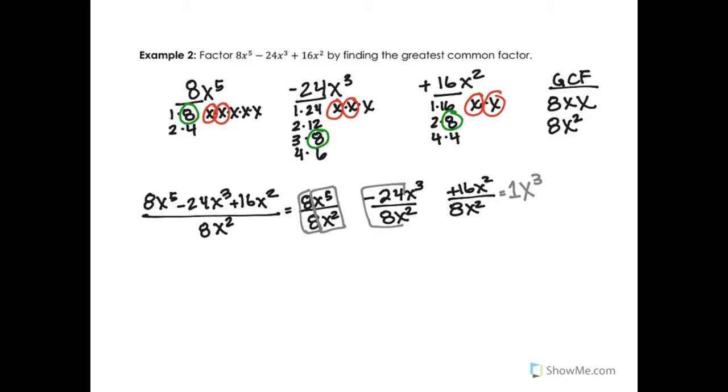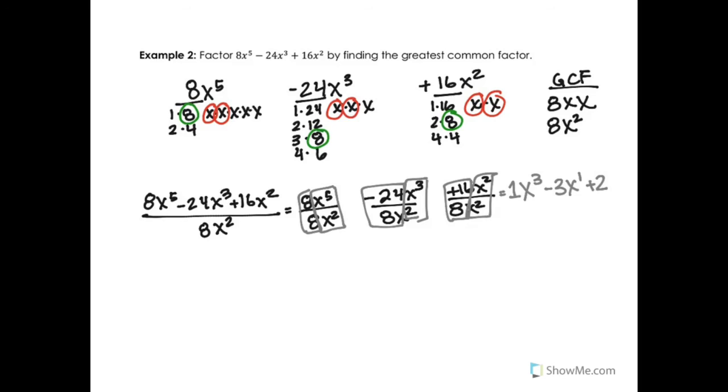Then here I have negative 24 divided by 8, which gives me negative 3. And x to the 3rd divided by x to the 2nd, I keep the x, and 3 minus 2 gives me 1. Then last but not least, I have positive 16 divided by 8, which gives me a positive 2. But this x squared divided by x squared is a 1, which we could put here times 1, but 2 times 1 is just 2.